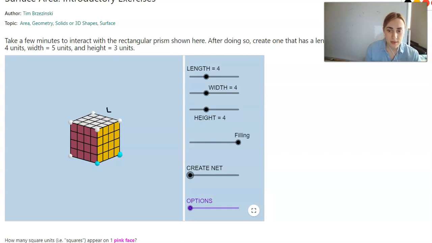If we have this edge length of 4, and we know it's a cube, then I can say, all right, my edge length would be 4 inches. That's my edge. And then if I were going to find the surface area of, let's say, this yellow face, that would be my 4 inches times 4 inches, and that would be 16 square inches.